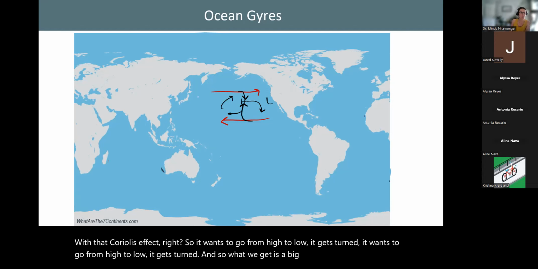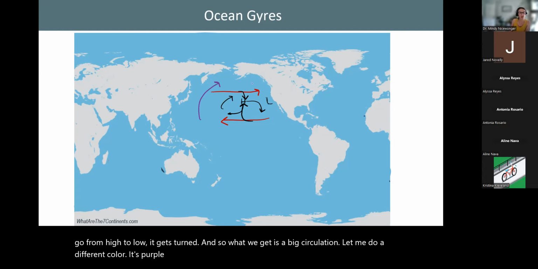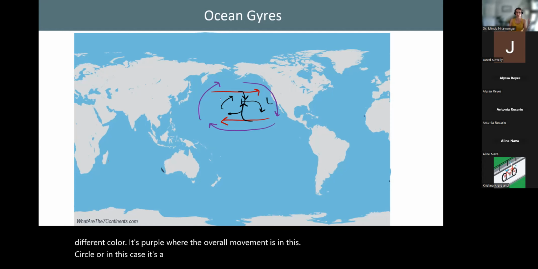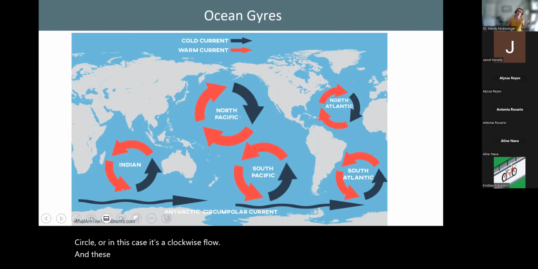Let me do a different color. Let's do purple, where the overall movement is in this circle, or in this case, it's a clockwise flow. And these are our ocean gyres, okay? So one of you noticed that they're circular, right?